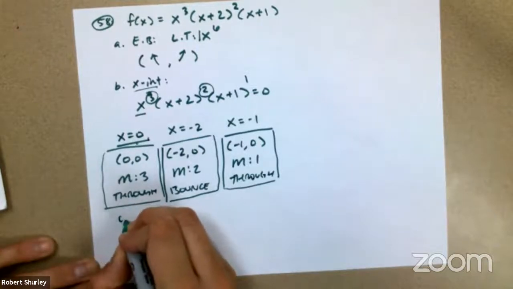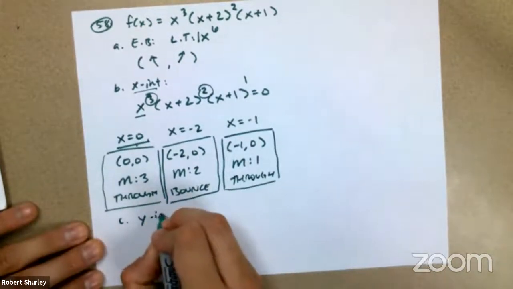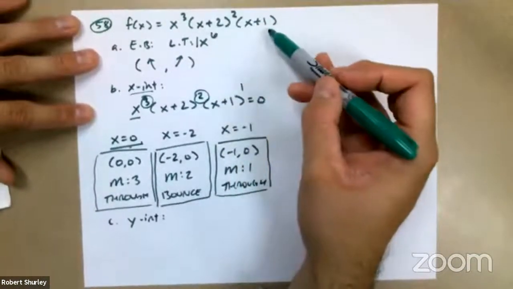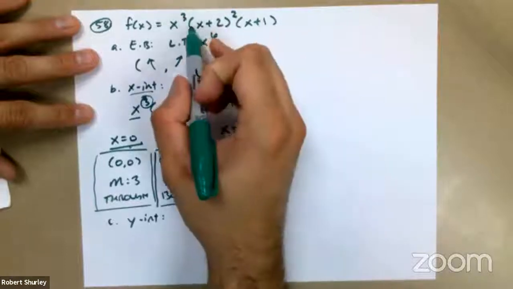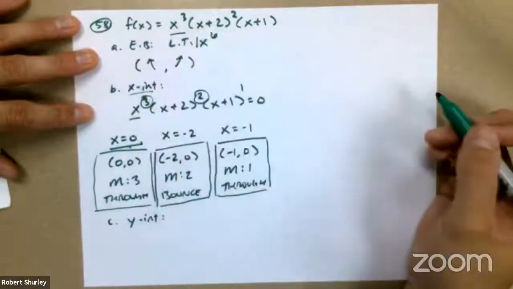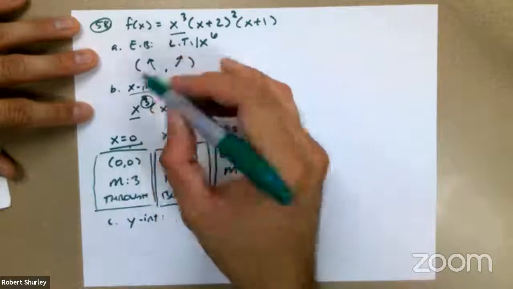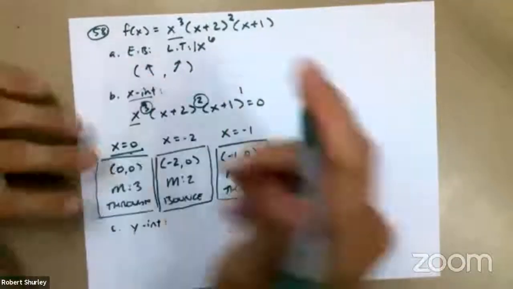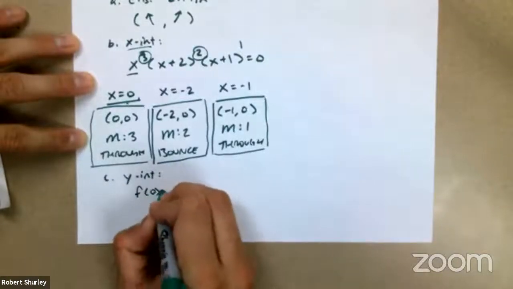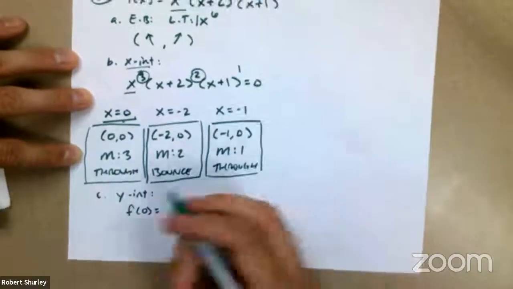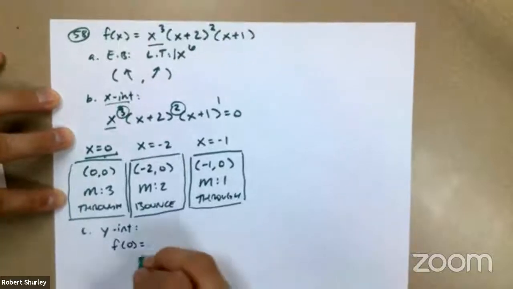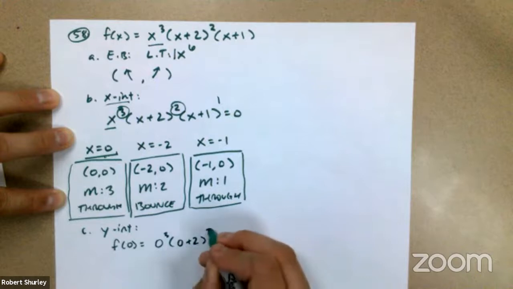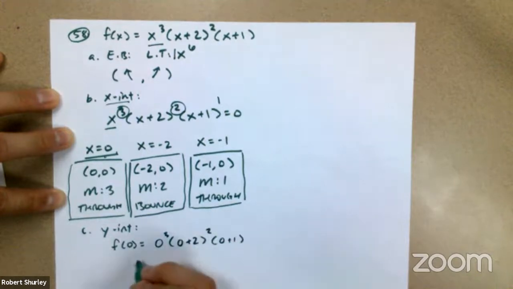So C, find the y-intercept. Now remember, I told you y-intercept is kind of nice because you multiply these out. But if we have an x value by itself, look, remember, if I want to find the y-intercept, I set x equal to 0, okay? You set x equal to 0. This is the formulaic way of doing this, f of 0. So you get 0 cubed times 0 plus 2 squared times 0 plus 1.